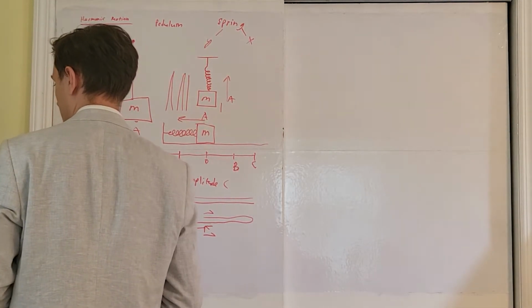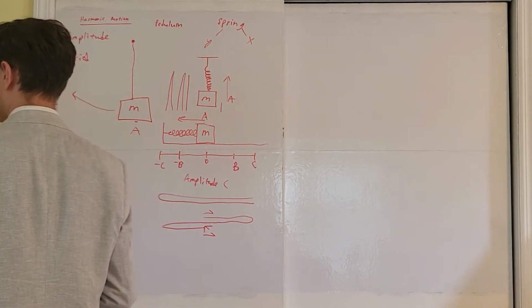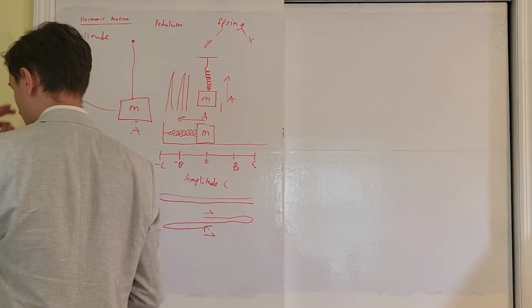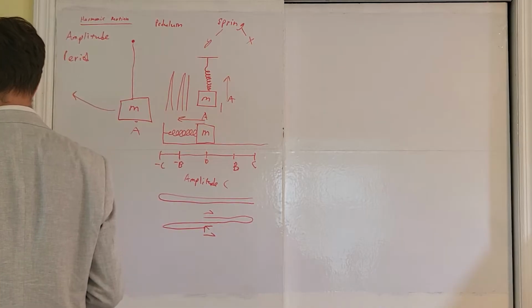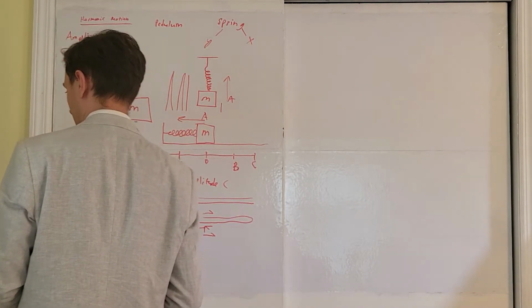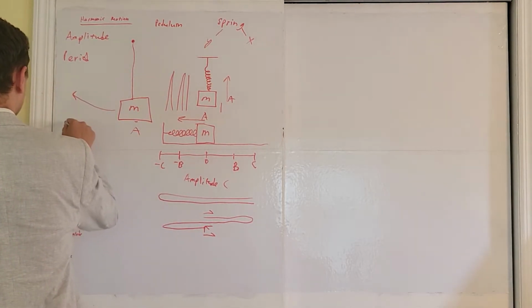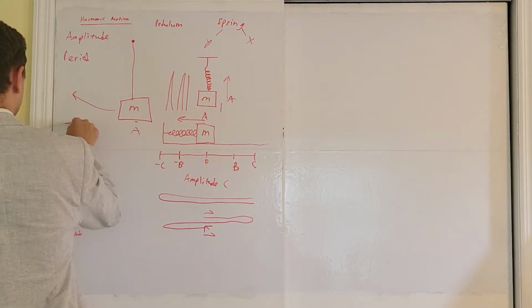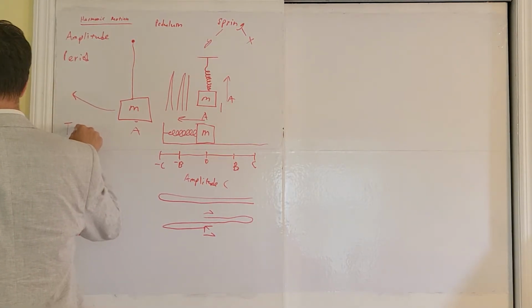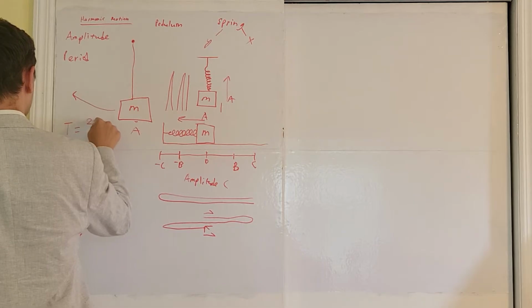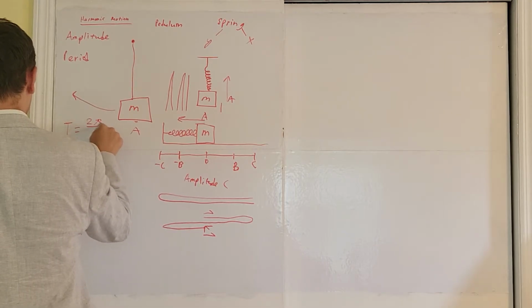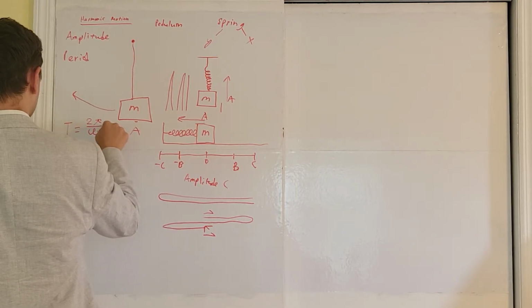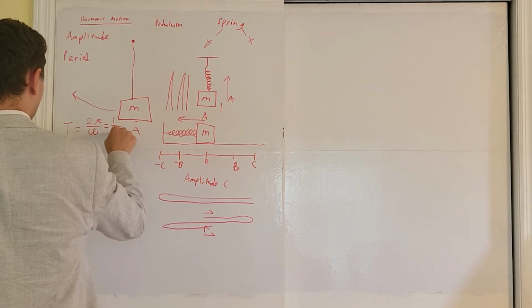So the first equation that we're going to look at on our equation sheet is going to be just below the gravitational potential energy equation on the right hand of the sheet, and that will be that period, which is capital T, equals 2 pi over omega, which equals 1 over f.